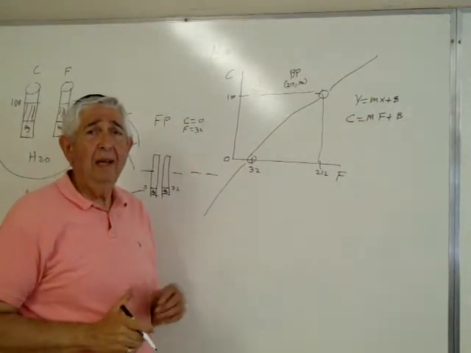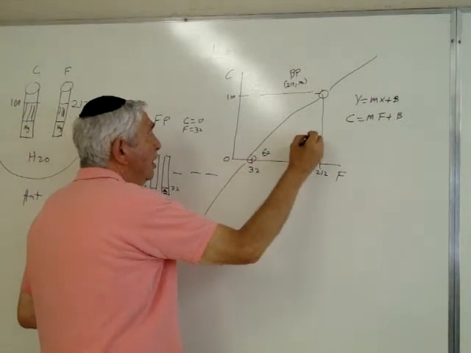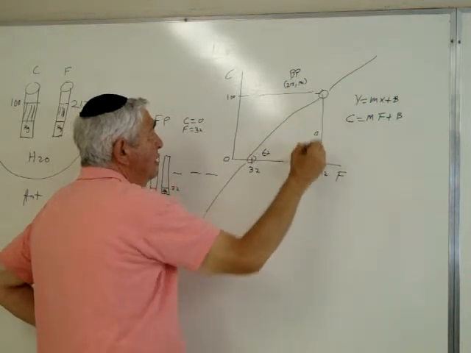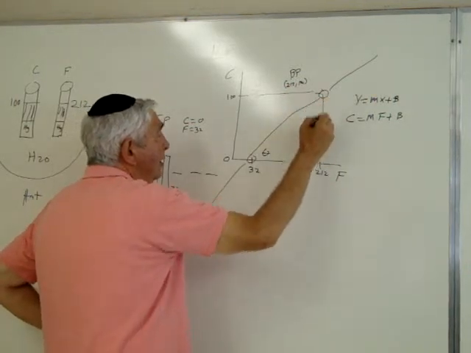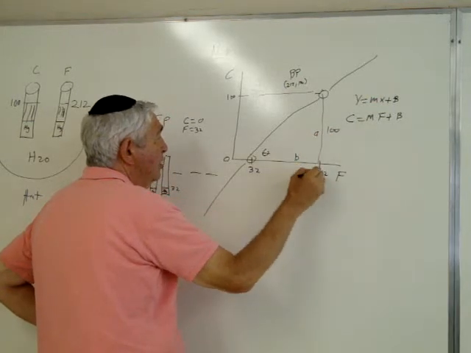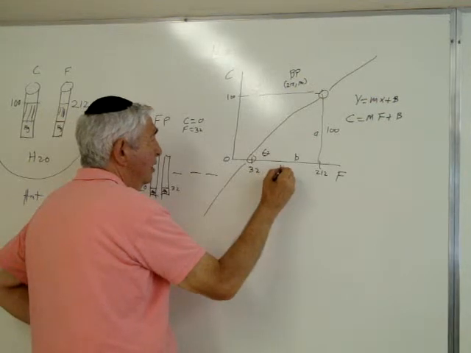Alright, what's m? m is the slope. So what is the slope? The slope would be a over b. So how big is a? If this is 100 and this is 0, this is 100. And if this is 212 and this is 32, this is 180.